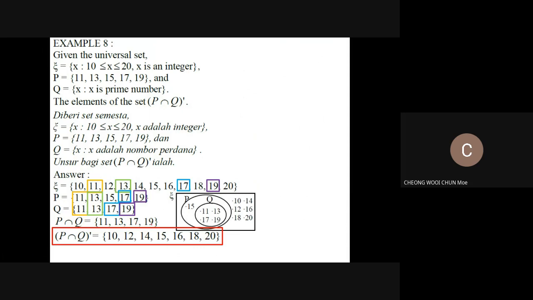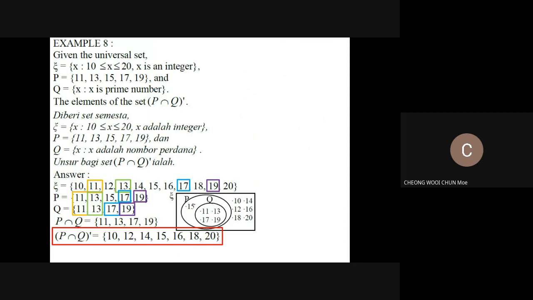Complement means not inside here. So 11, 13, 17, 19, cancel them. Left only 10, 12, 14, 15, 16, 18, 20, write down here. That is the answer. You can draw a Venn diagram for you to see.